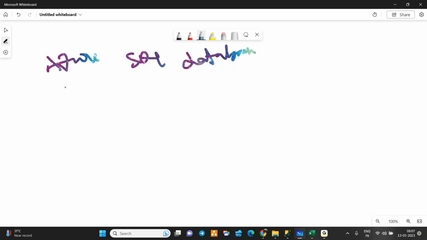So, when you specially go to the cloud, we have basically two platforms. One is IaaS, one is PaaS.